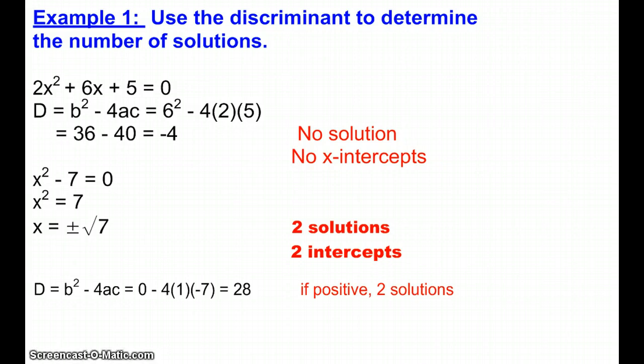That means b equals 0. 0 minus 4 times a, which is 1, times c, which is negative 7. That is positive 28. Remember, if the discriminant is positive, you have two solutions. That means your parabola crosses the x-axis. There are two x-intercepts.